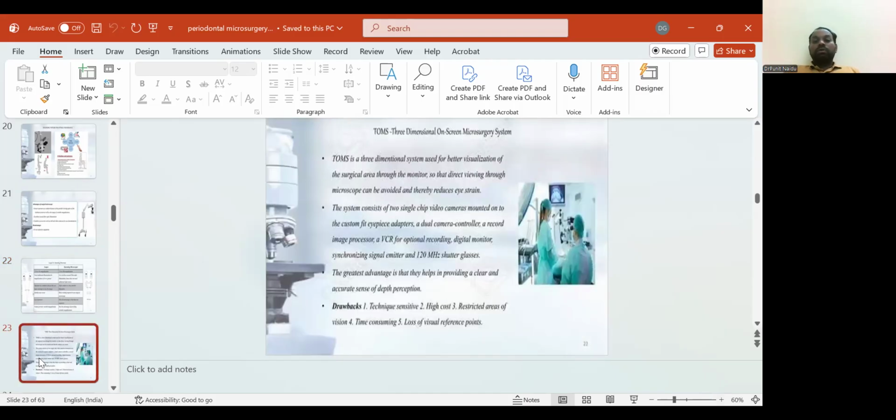The third component of periodontal microsurgery is the three-dimensional on-screen microsurgery system. It is used for better visualization of the surgical area through the monitor so that direct viewing through the microscope can be avoided, thereby reducing eye strain.